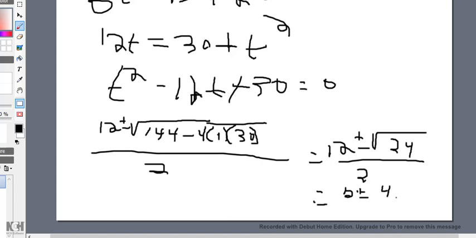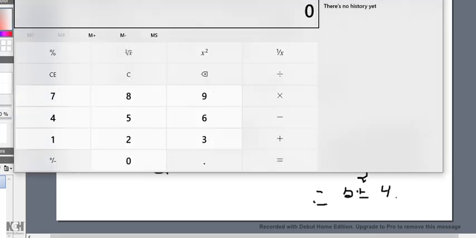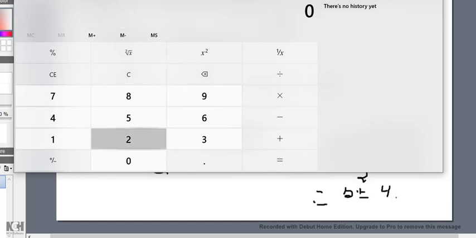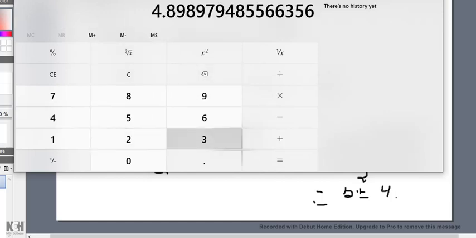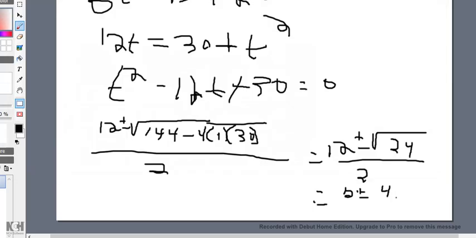Let's check it out with the handy dandy calculator. Square root 4.9. So this is 4.9 divided by 2.